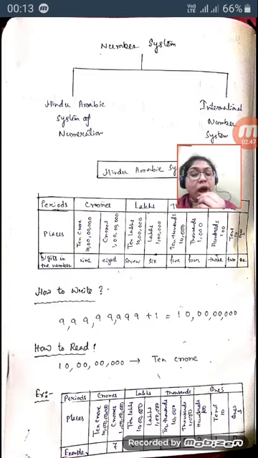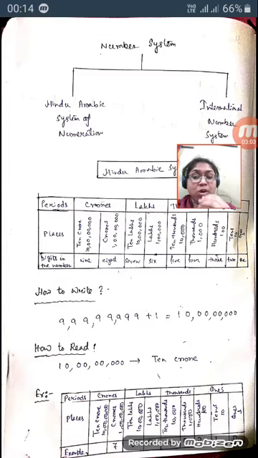Okay, so how will we write this number? 10 comma 00 comma 00 comma 000.